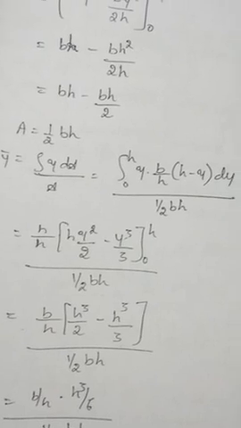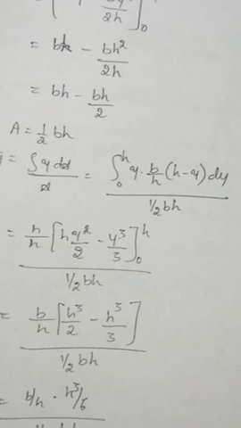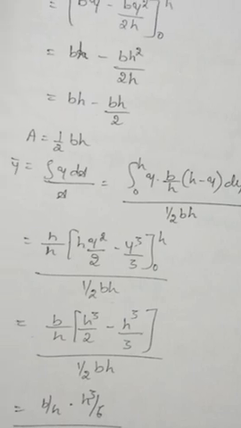After integrating you will get h into y square divided by 2 minus y cube divided by 3. Whatever y is there, you push inside. b and h, you let be as they are. So finally you get h square into y square divided by 2 minus y cube divided by 3, with limits 0 to h.